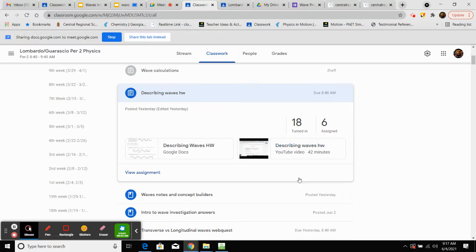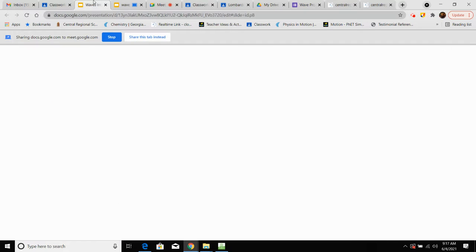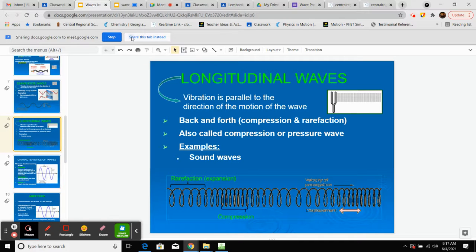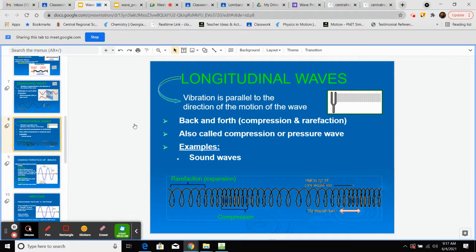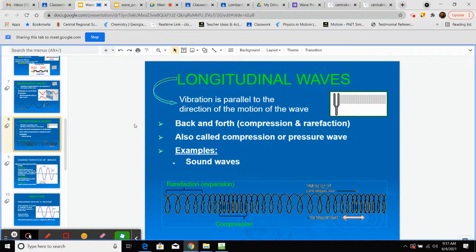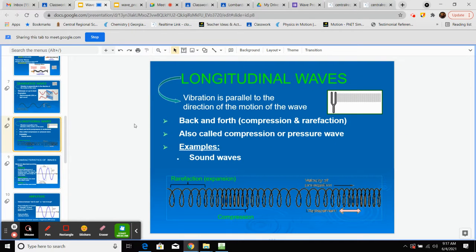What I did with this is, one, I went through everything that we did yesterday. That's why it's 42 minutes. If you missed all of yesterday, I know it's not something you would preferably do, but I go through all of these notes, the concept builders we were doing yesterday, and things like the Jeopardy boxes, which I definitely think helped a lot of people.